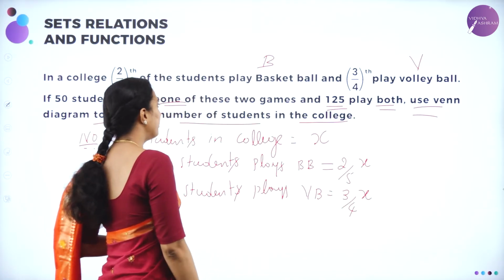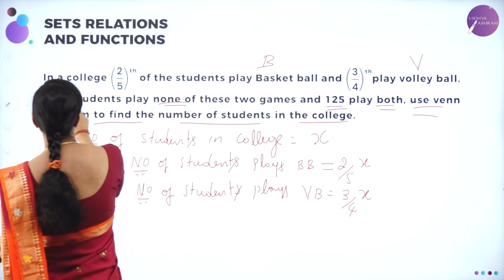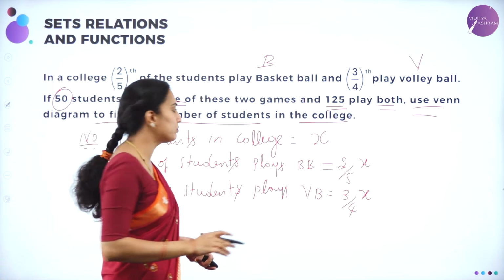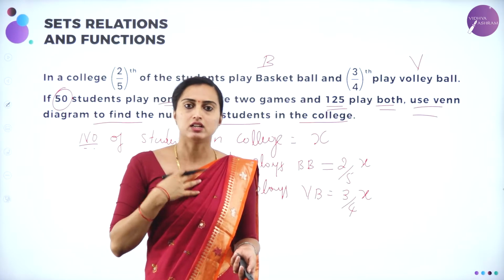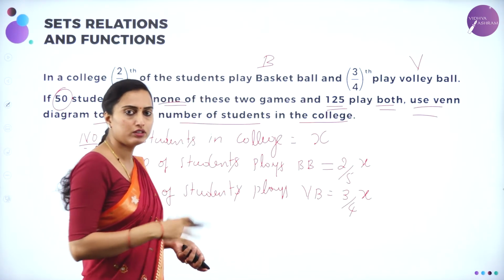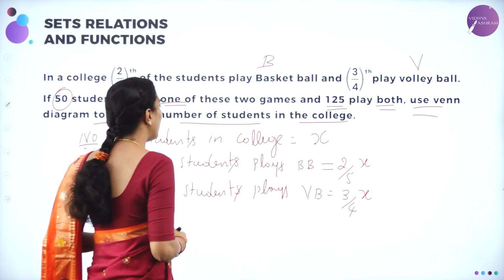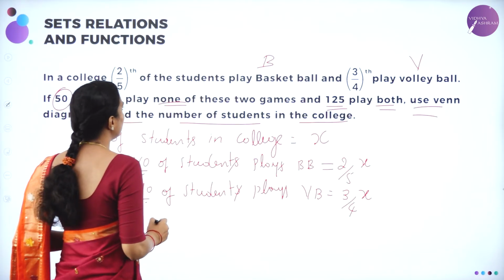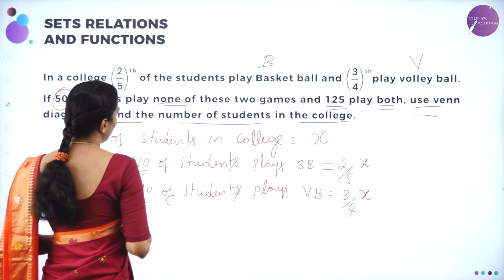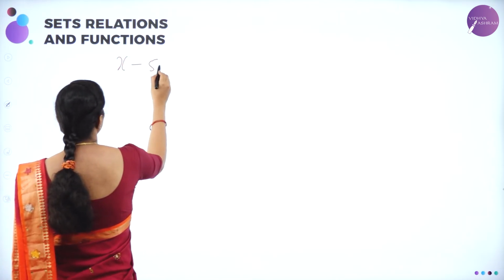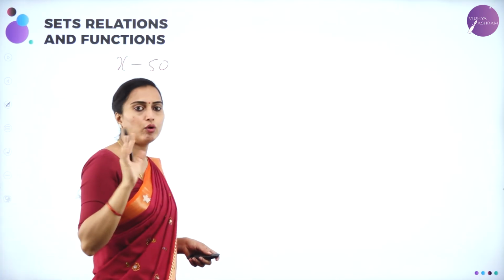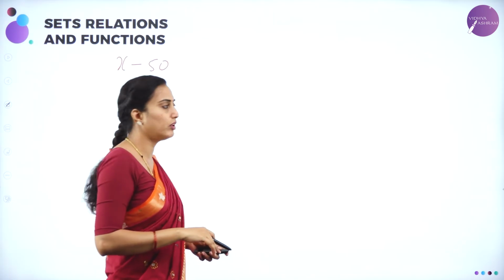Correct? How many students do not play? 50 students do not play. 50 students do not play means we need to subtract from the number of students. I have taken the number of students as X. So X minus 50 will be the total students you are going to have. What formula are you going to get? See, X minus 50. 50 means those who do not play any. Volleyball also they will not play. Basketball also they will not play.